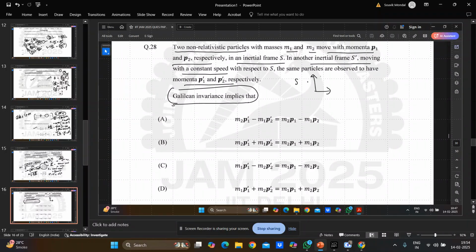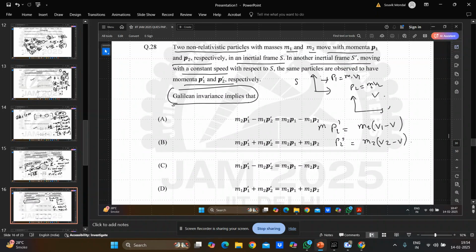So in frame S, it has some momentum. p1 is equal to m1 v1, and p2 is equal to m2 v2, and S prime is moving with, say, V. So what is your p1 prime? p1 prime is simply m1 into (v1 minus V), and p2 prime is equal to m2 into (v2 minus V), right?